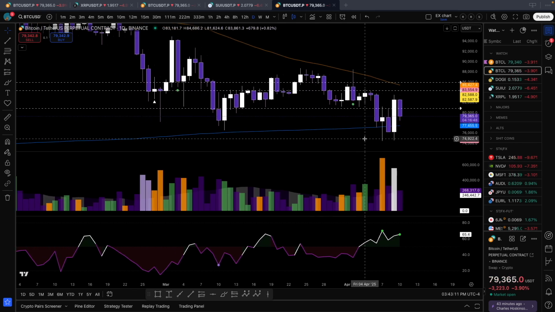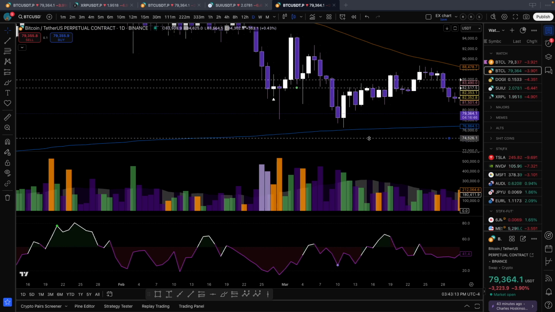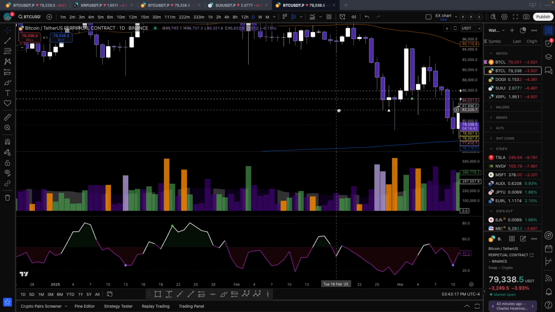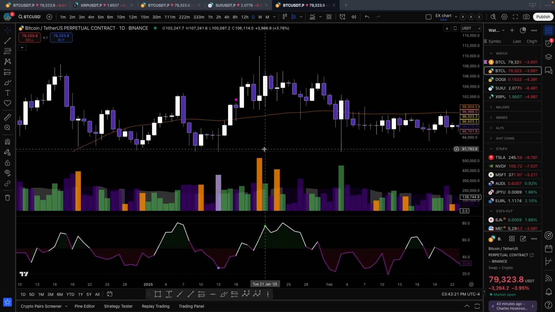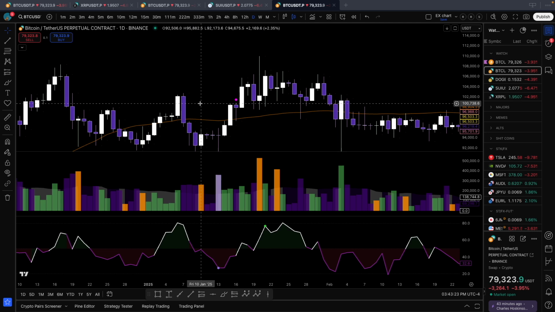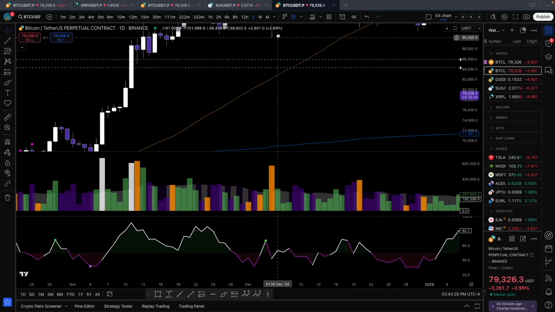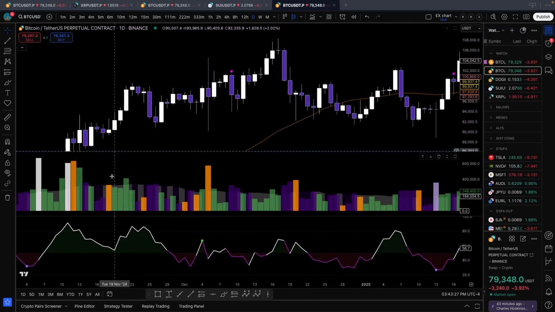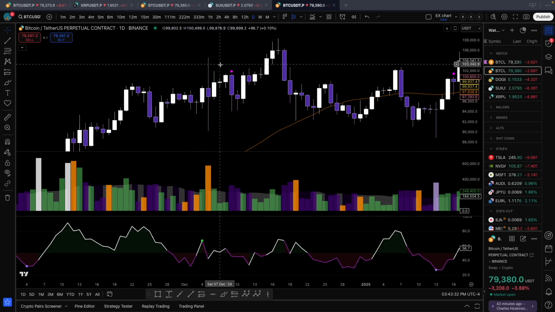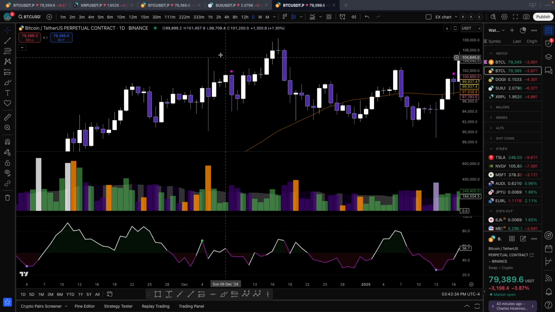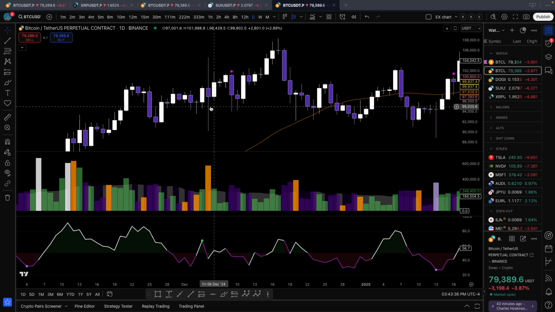I've already went over the Oathkeeper plenty of times, so you can see verbatim when we print a green dot, especially on the higher time frames, the next candle is usually a reversal. On the lower time frames, you have to take it with a grain of salt, but on the higher time frames, now we've looked at this before. I'm pretty sure this is FOMC or something, big manipulation candle.